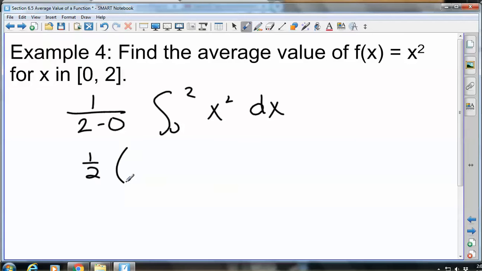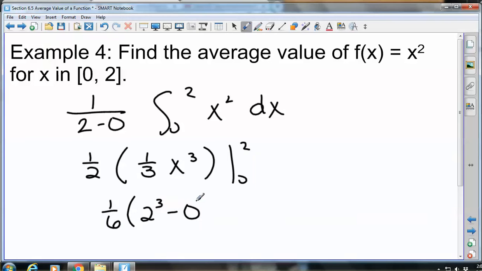So that's 1/2, antiderivative of x squared is 1/3 x cubed from 0 to 2. It's 1/6 times 2 cubed minus 0 cubed, so 8 over 6 or 4 over 3. You guys all get that?